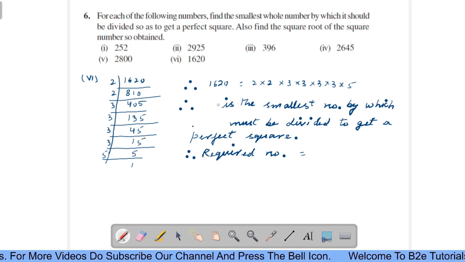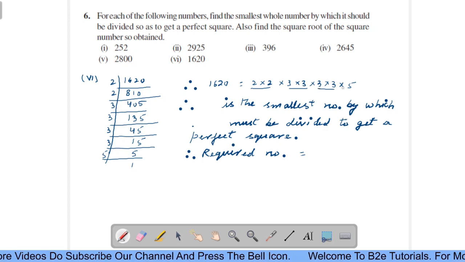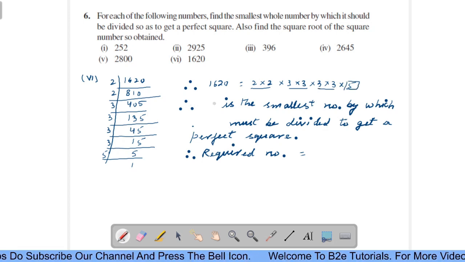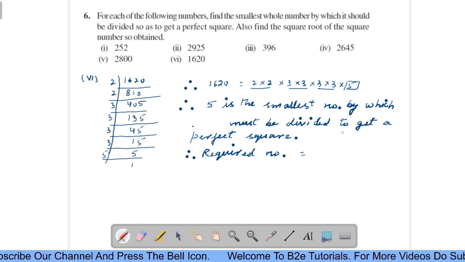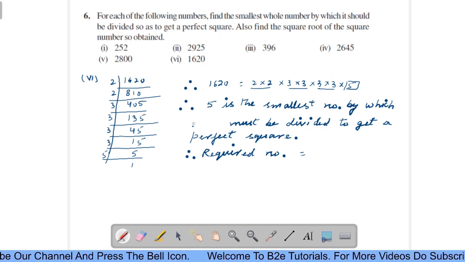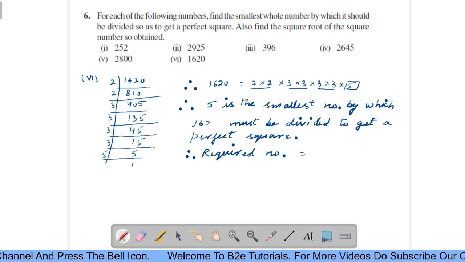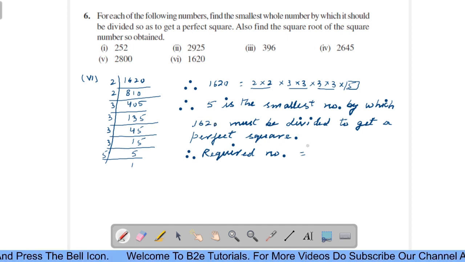Here make pairs of 2. Here we are unable to make pair of 5. Therefore 5 is the smallest number by which 1620 must be divided to get a perfect square.